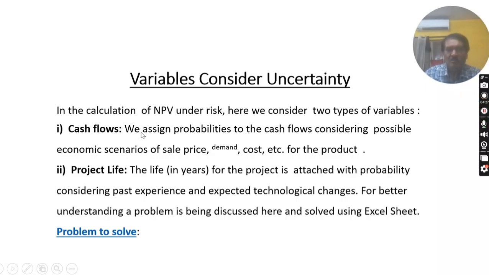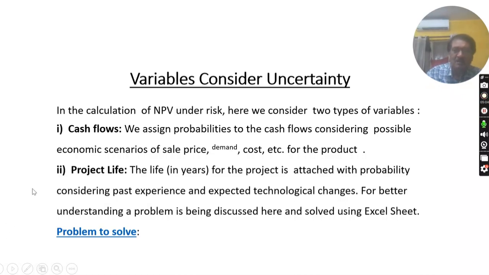Okay, we assign probabilities to the cash flows considering possible economic scenarios of sale price, demand, cost, etc. for the product. I have already mentioned the project life, which is also not deterministic. The life in years for the project is attached with probability, considering past experience and expected technological changes.